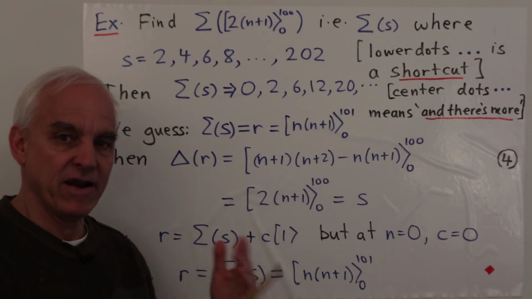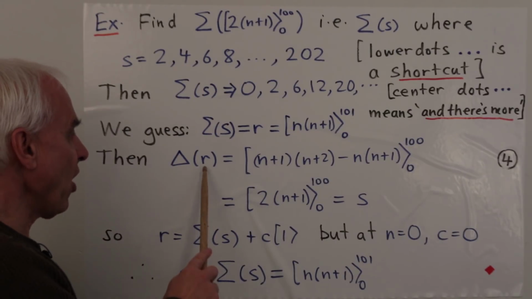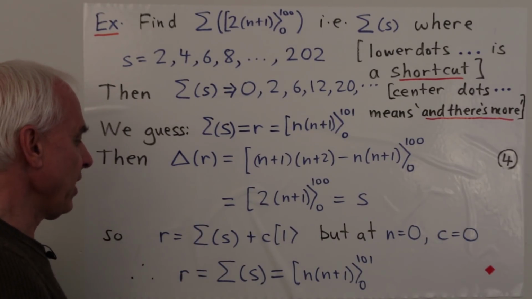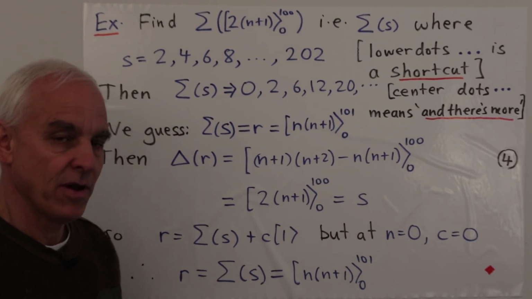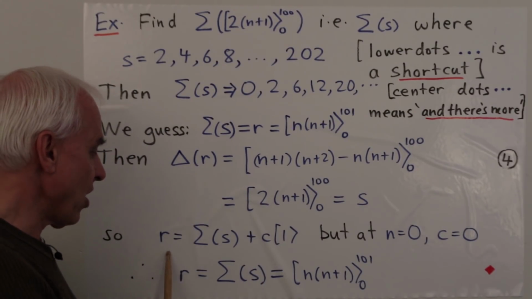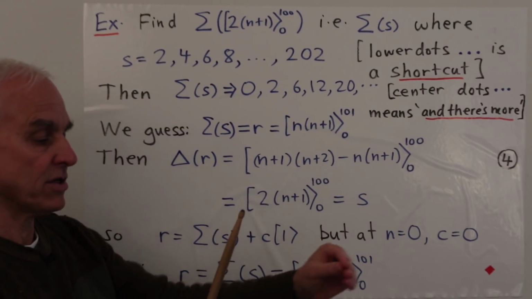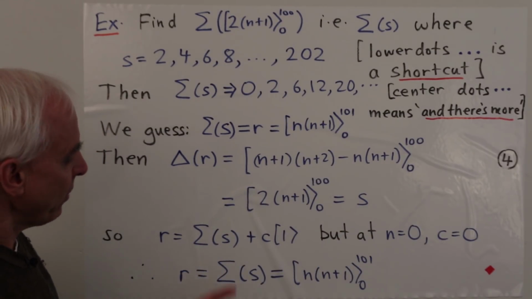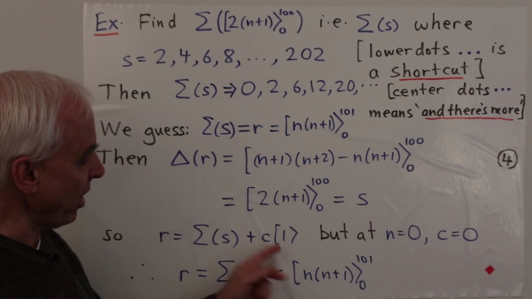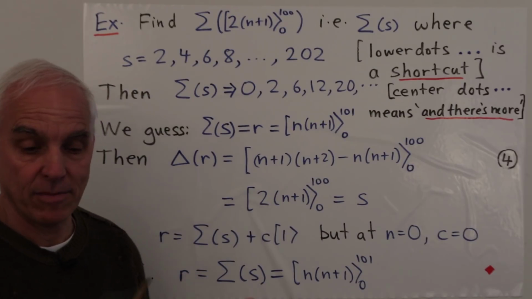So from the fundamental theorem, that allows us to conclude that this r has to be the summation of s up to some constant. So we can write r is equal to the summation of s plus some constant times the constant sequence 1. And we can determine that constant by evaluating the left and right hand side at some particular value.